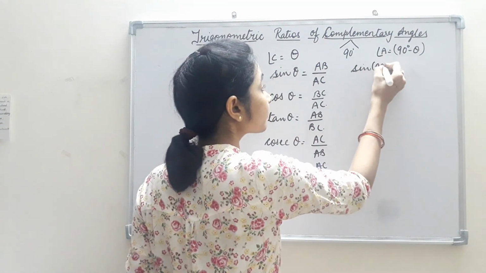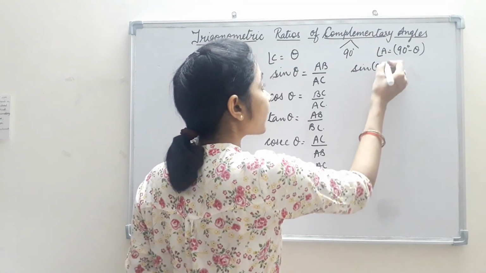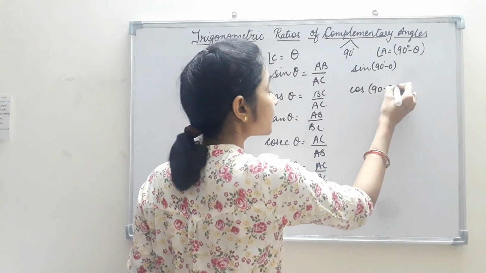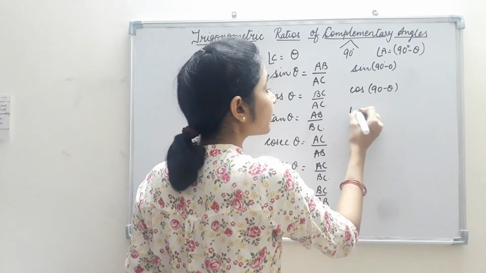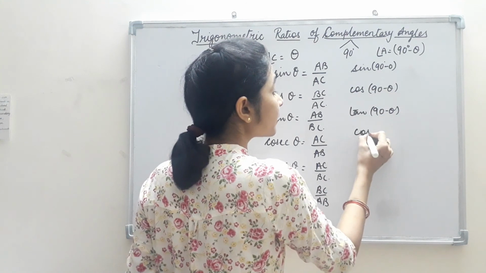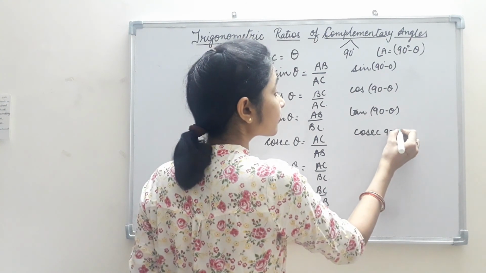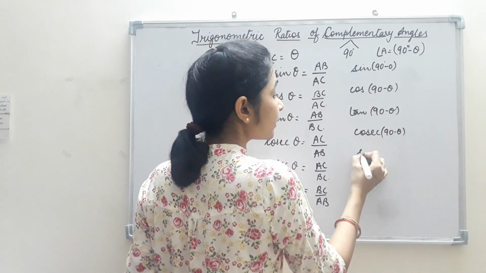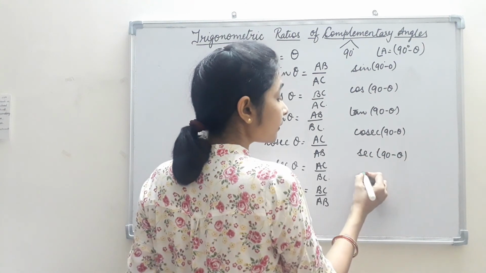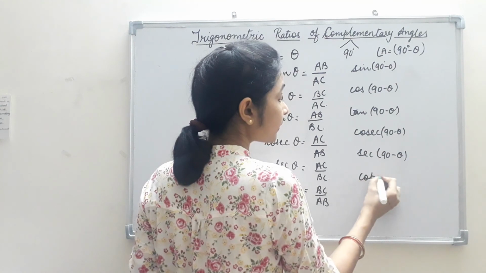Similarly we will find cos 90 minus theta, tan 90 minus theta, cosec 90 minus theta, sec 90 minus theta, and last cot 90 minus theta.